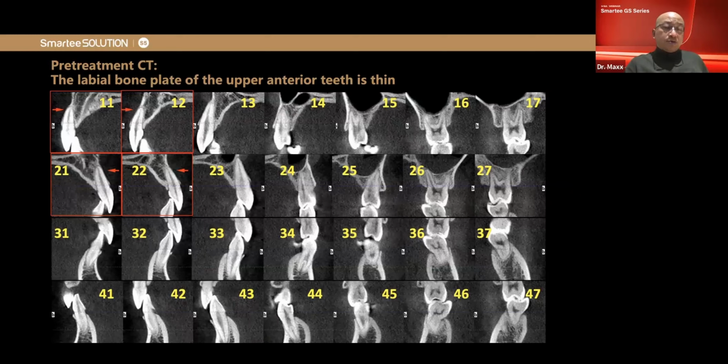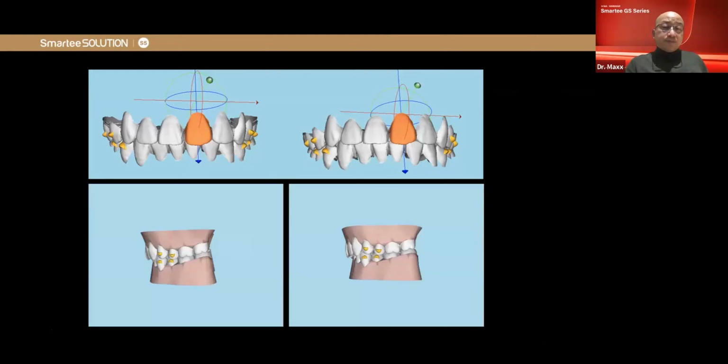Maybe the bone is broken, and the relationship between the bone and the root is broken. So how can we do with aligners to protect the bone and to prevent the root from breaking from the bone? It's a very interesting thing for us.